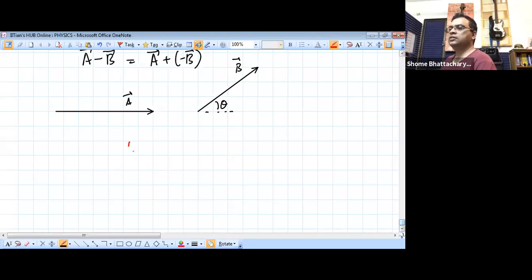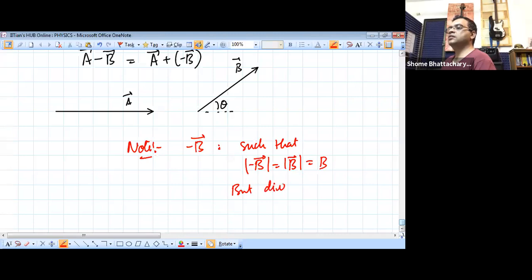So the vector minus B is such that the magnitude of minus B is the same as the magnitude of the vector B, but the direction is opposite to B's direction.